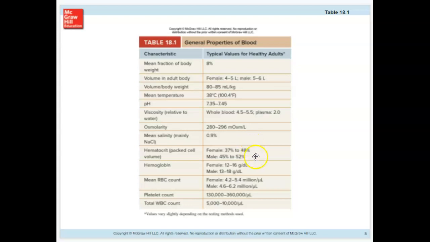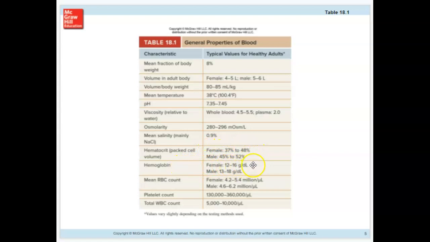The hematocrit is going to be the packed cell volume, and it's going to be a little bit higher in males than females. It's going to be about 3 times the hemoglobin. Remember, the red blood cells are the most abundant cell in our blood.